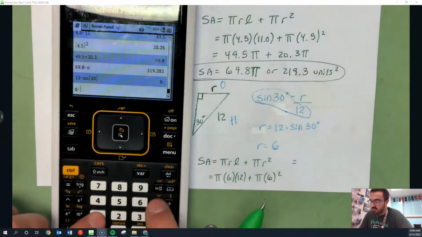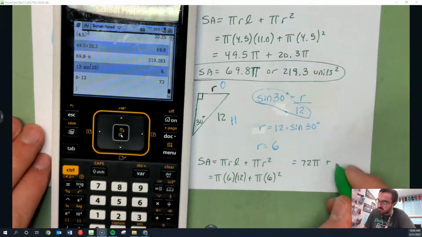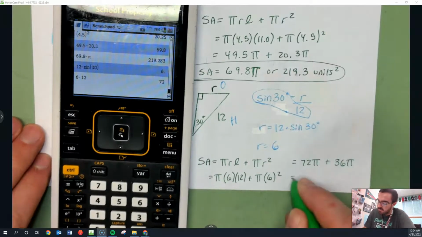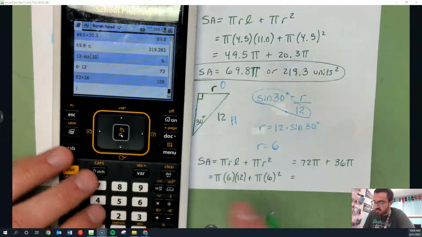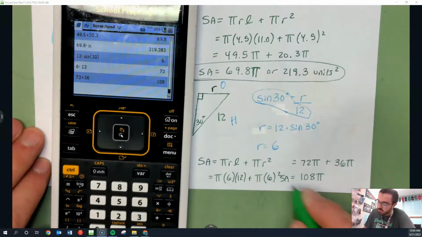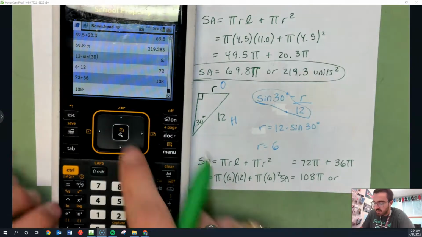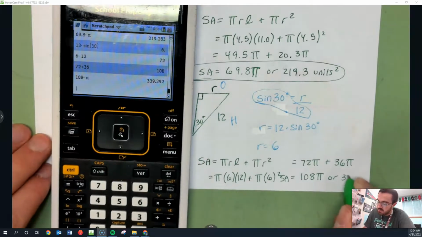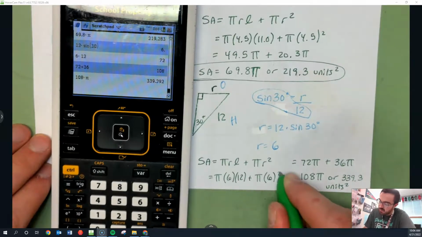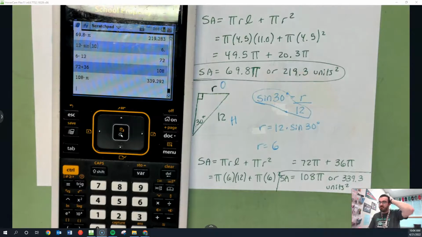So 6 times 12, 72 pi plus 6 squared is 36 pi. 72 plus 36 is going to give me 108 pi. So surface area is going to equal 108 pi, or let's say 108 times pi is 339.3 units squared. Again, all of the units are going to be squared today because it's surface area, not volume.